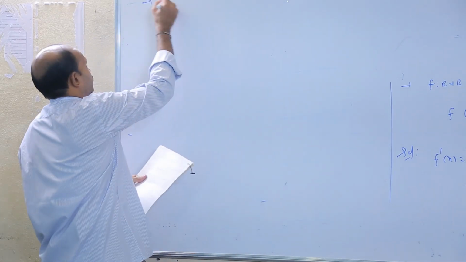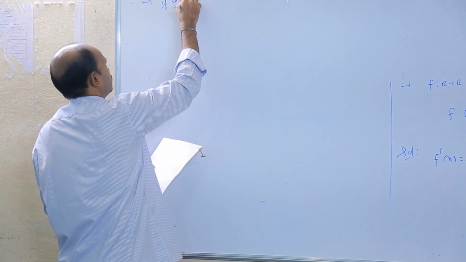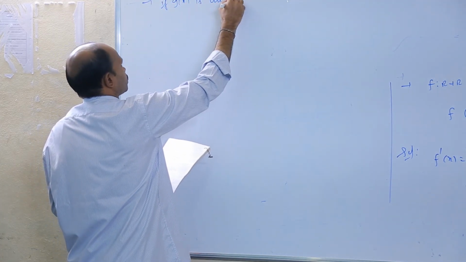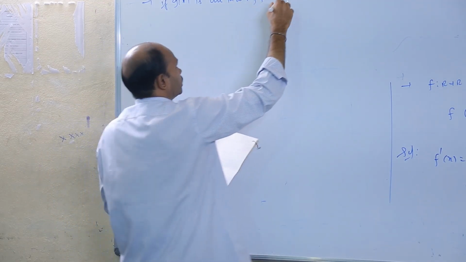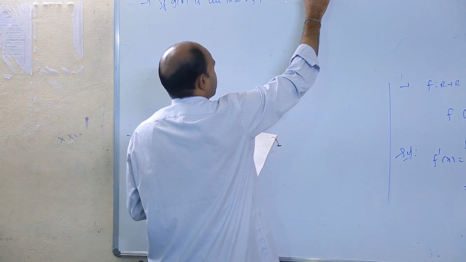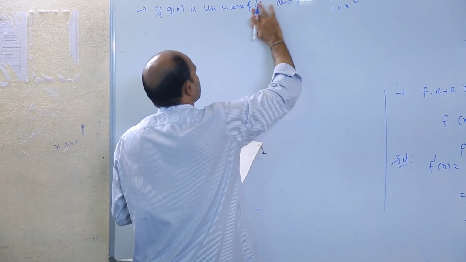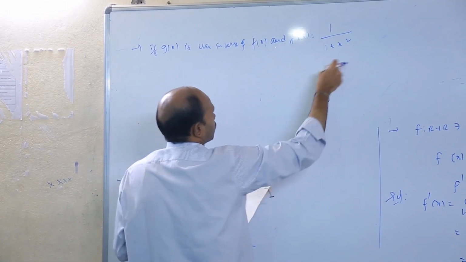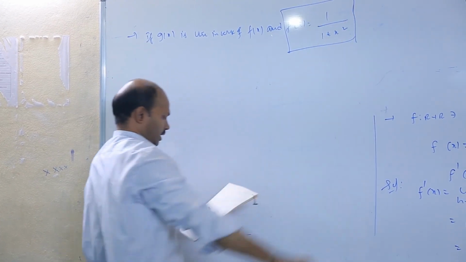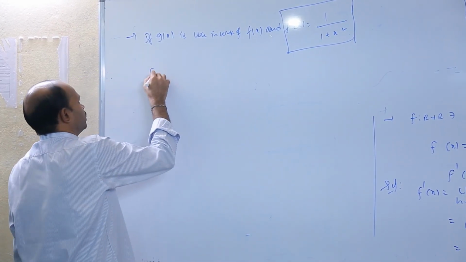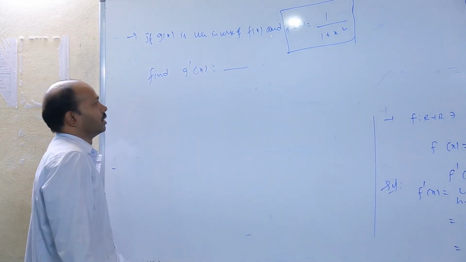See what the data is. If g(x) is the inverse of f(x) and f'(x) is equal to 1/(1 + x^2), then find g'(x).